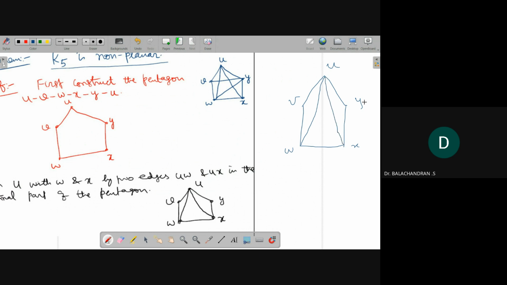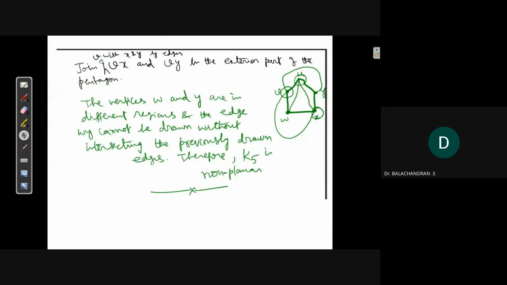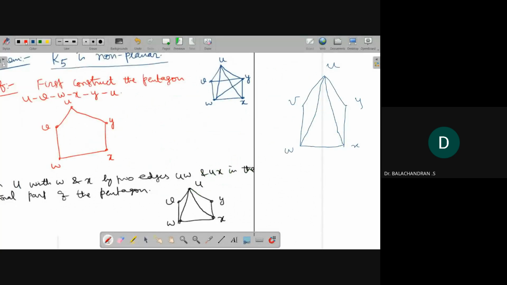Now, what we are going to join is vertex V with X and Y, by VX like this, and then VY in the exterior part of the pentagon. So VX and VY.